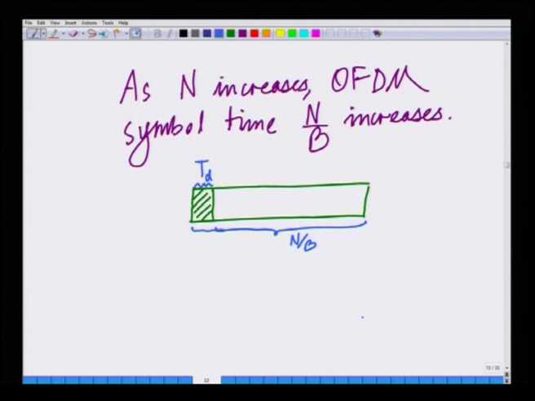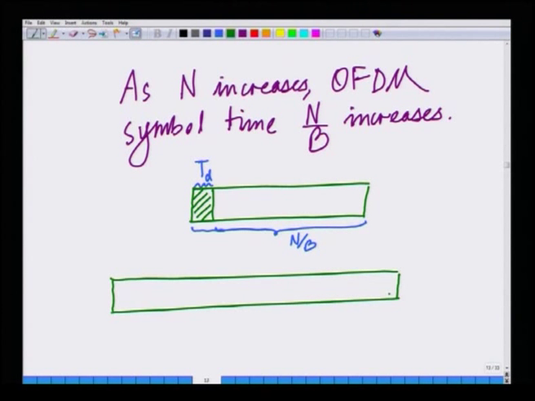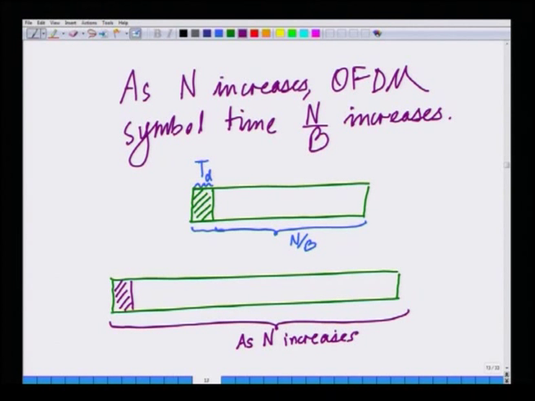Now, as N over B increases, this part progressively becomes much larger, and we need a cyclic prefix length equal to the delay spread. Hence, this is the fraction that is affected by intersymbol interference. As N increases, the OFDM symbol becomes larger. Hence, a smaller fraction is affected by intersymbol interference.